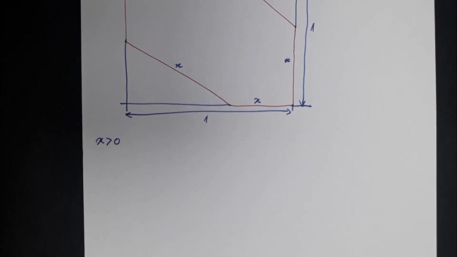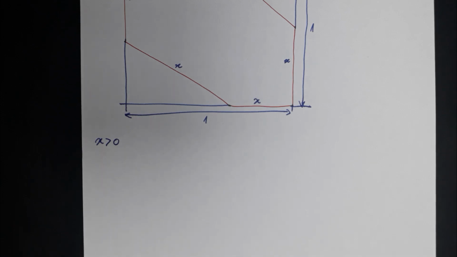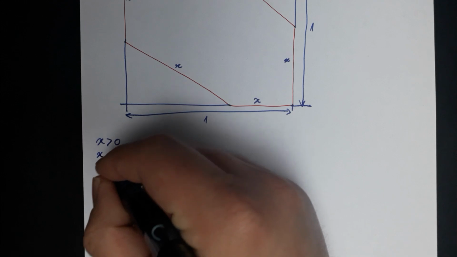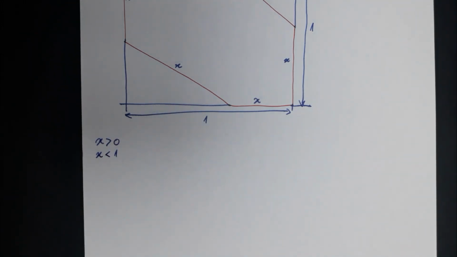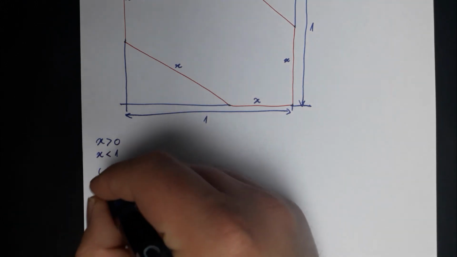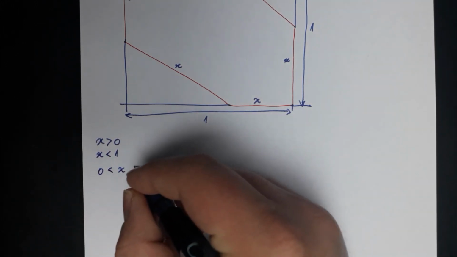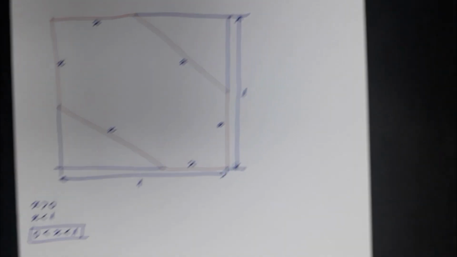We can also observe that the hexagon is inside the square, and that means that the side of the hexagon has to be shorter than the side of the square on which it is sitting. That means that x has to be smaller than 1. We finally get the boundary condition: 0 is smaller than x, and that is smaller than 1.